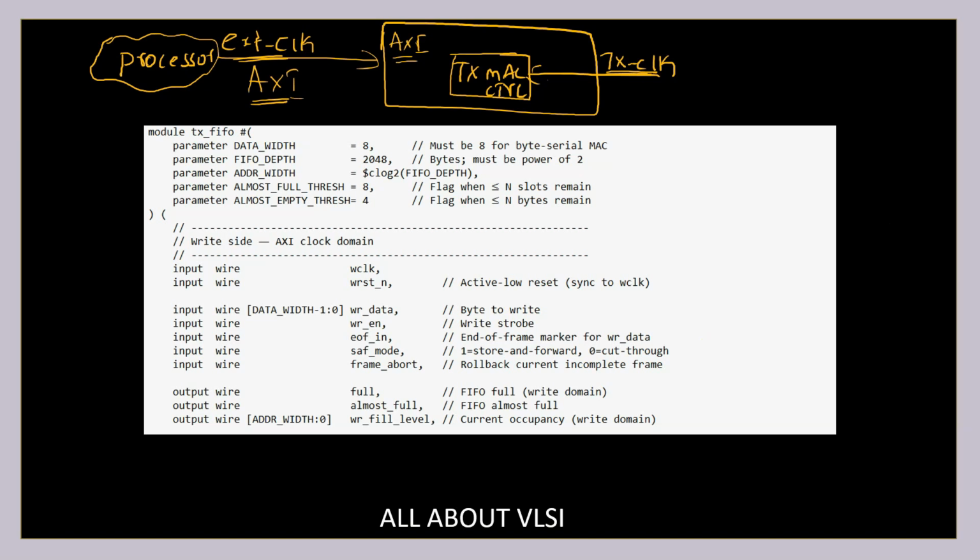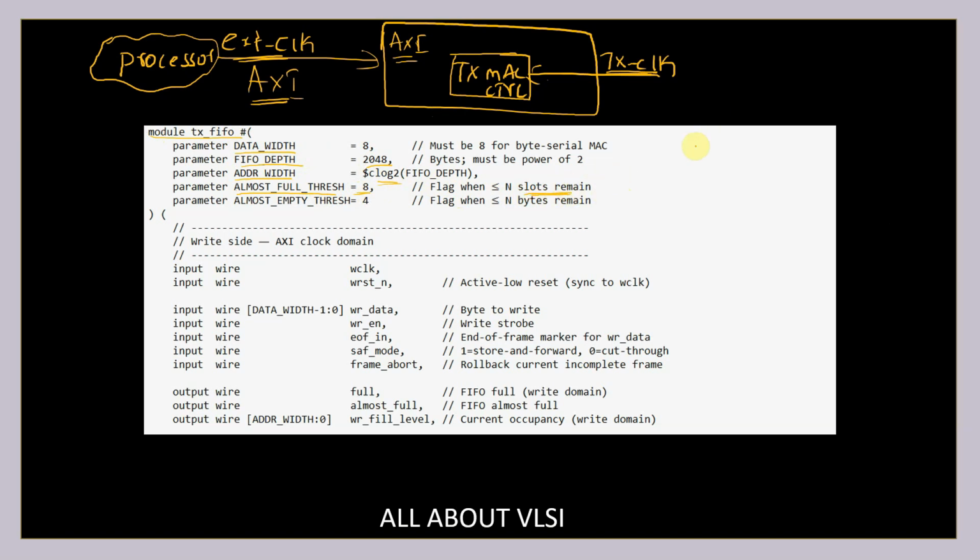Now, we have declared a module TX_FIFO, and the data width and FIFO depth we have declared, and the address width is found using the log operation of FIFO depth. We also have something known as the almost full threshold, which we are taking as 8. It will flag when less than or equal to n slots remain.